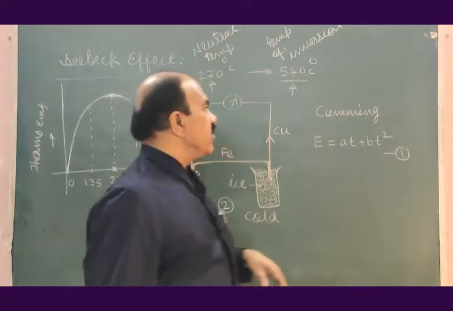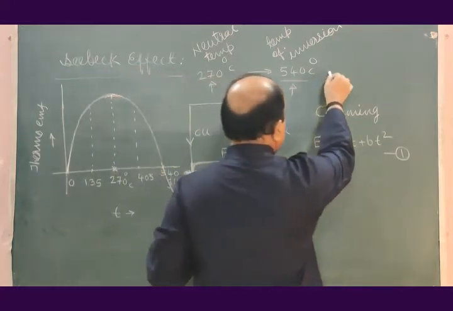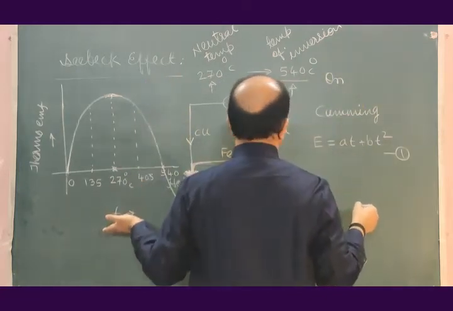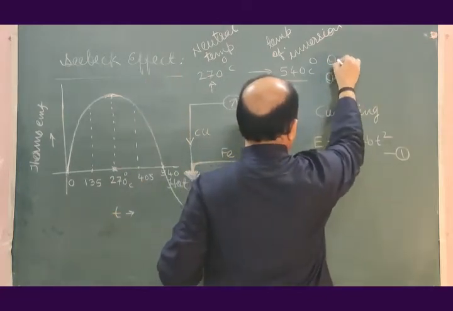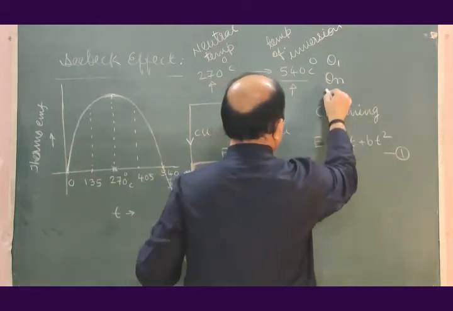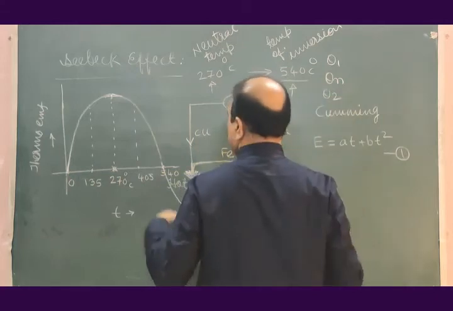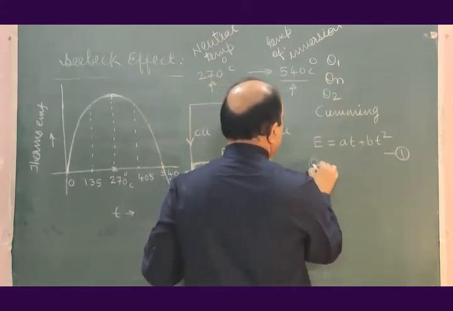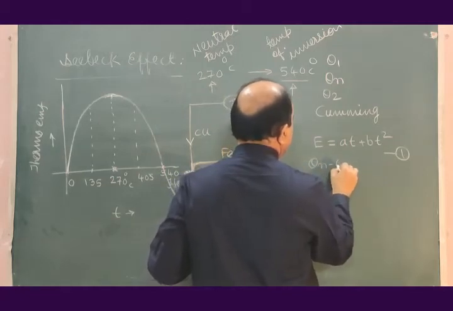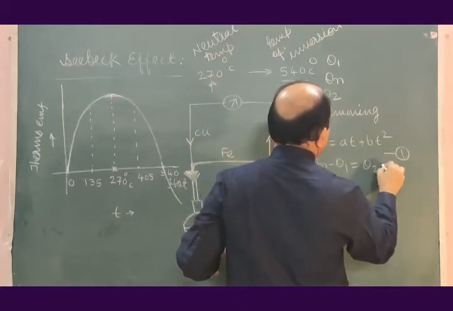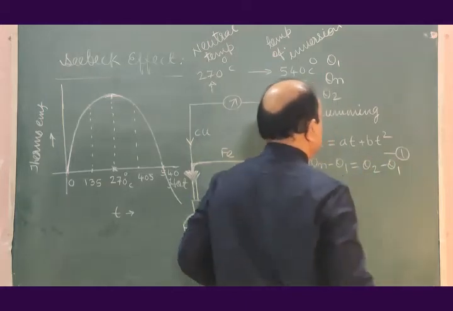For example, if theta n is the neutral temperature of the given thermocouple, theta 1 the temperature of the cold junction, and theta 2 the temperature of inversion, then theta n minus theta 1 is equal to theta 2 minus theta n.